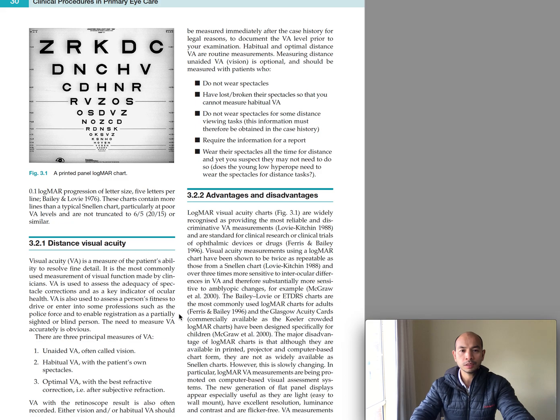This information must therefore be obtained in the case history. Also if you require the information for a report, or if they wear their glasses all the time for distance and yet you suspect they may not need to do so. Does the young low hyperope need to wear spectacles for distant tasks?